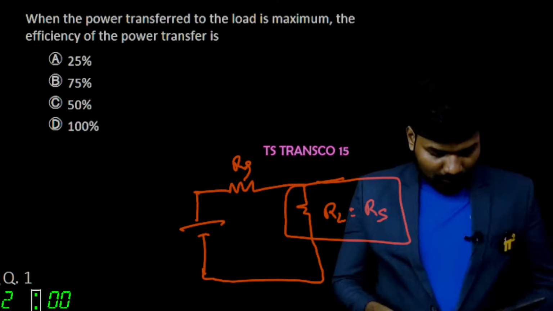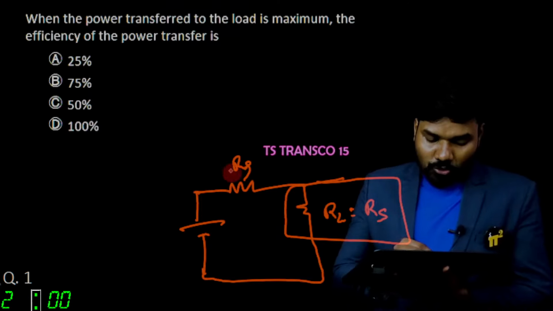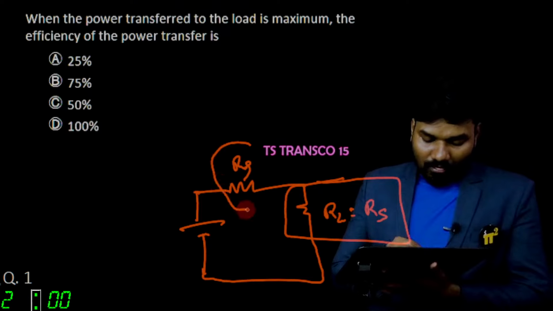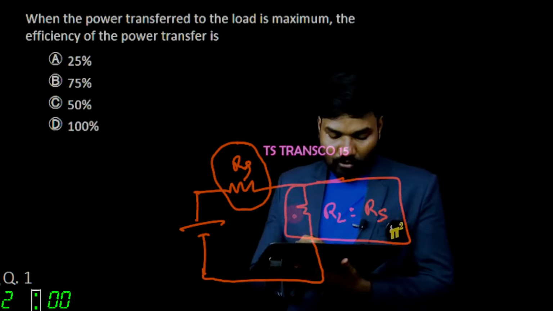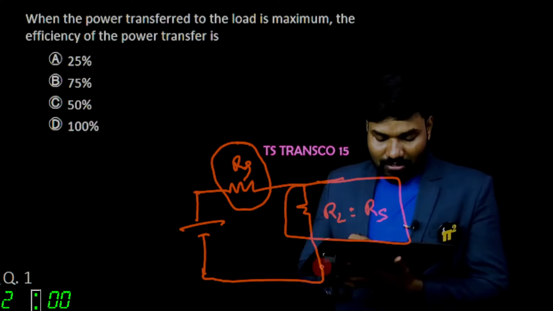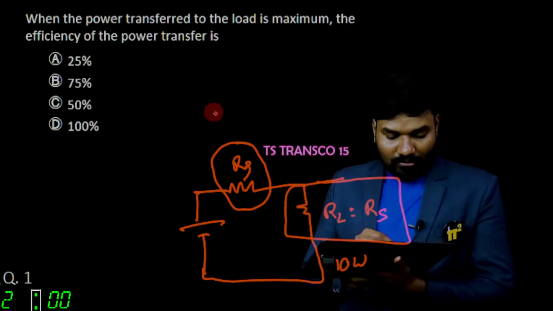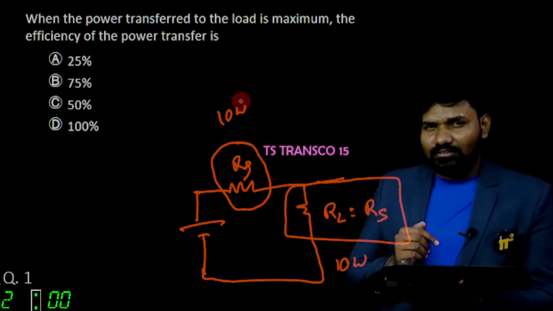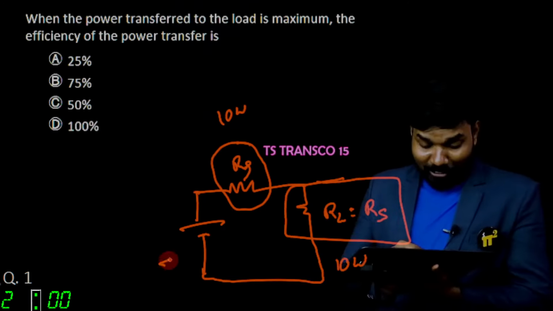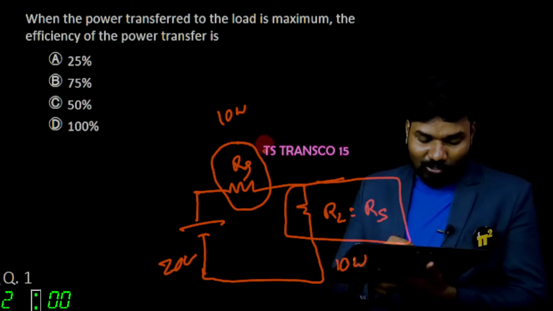Power transfer is maximum. Means these two are equal, means what? There is some voltage drop here, same voltage drop will appear across this. Means if it is consuming 10 watts of power, this will also consume 10 watts of power. So the source is supplying how many watts? It is supplying 20 watts. Out of 20 watts, 10 watts is gone here.